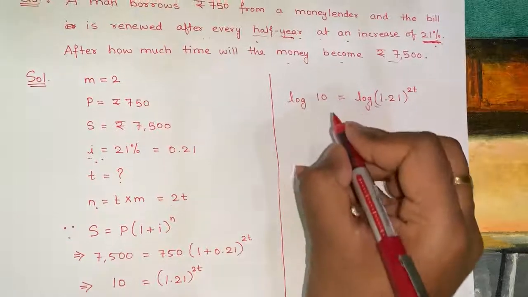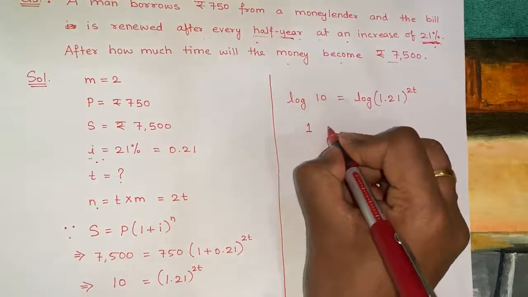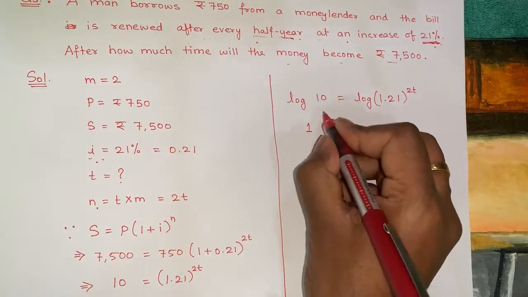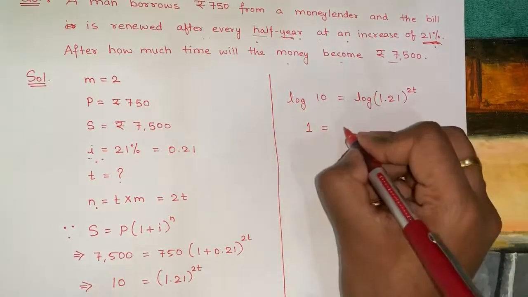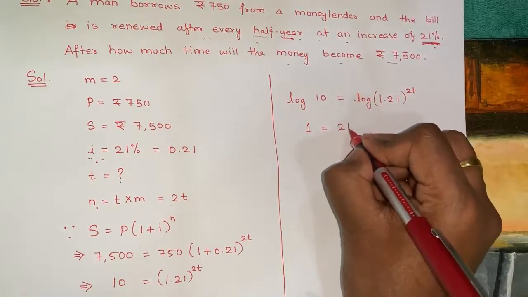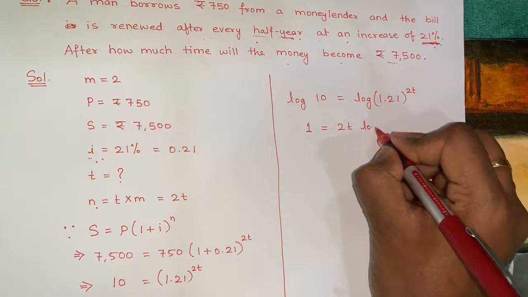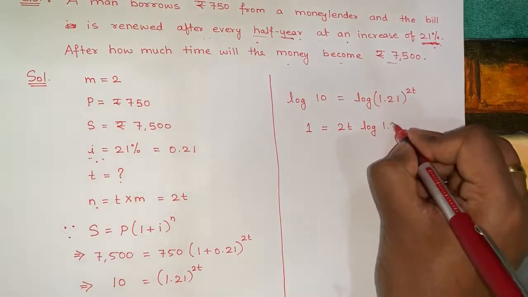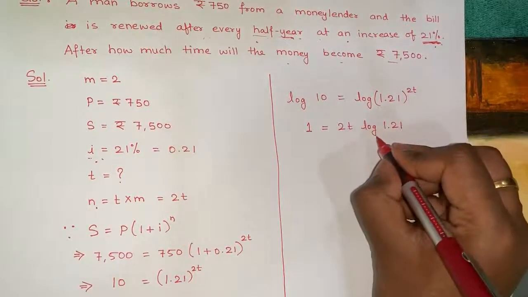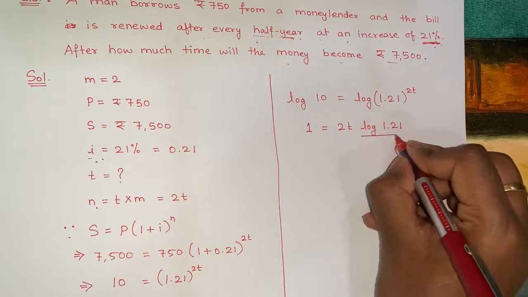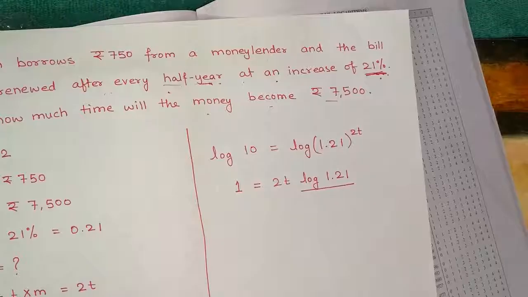The value of log 10 is equal to 1. If you look at the tables also, you can find out the value of log 10 is equal to 1, which is equal to 2T log 1.21.